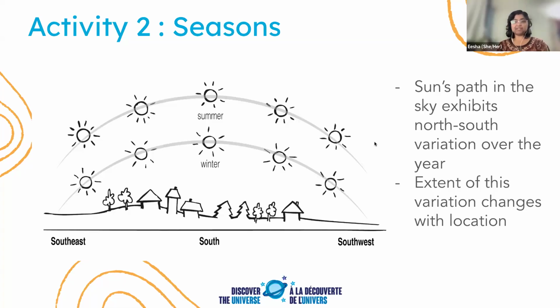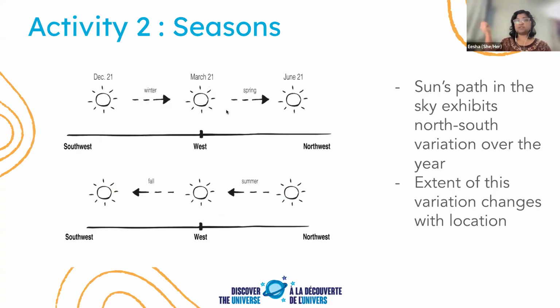It's great for tracking a year because the reason we have a year is because the Earth is going around the sun. So during the summer, typically the sun will be a little higher in the sky as compared to winter. What also changes is its north-south motion.